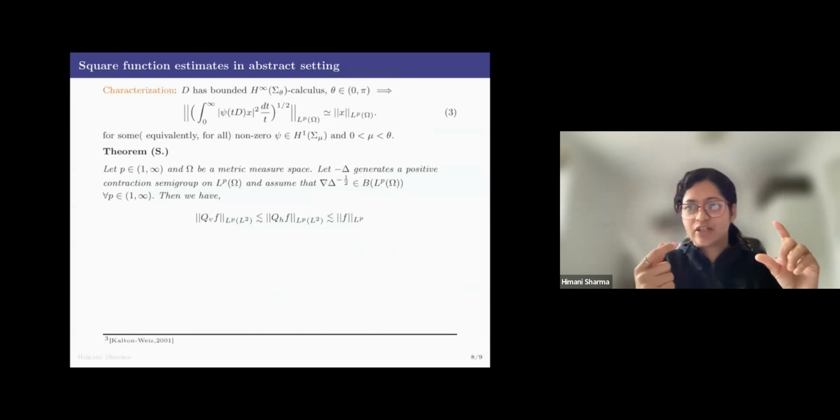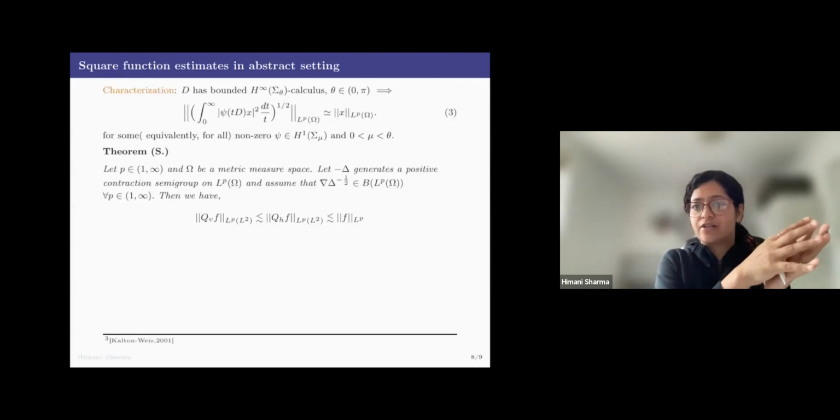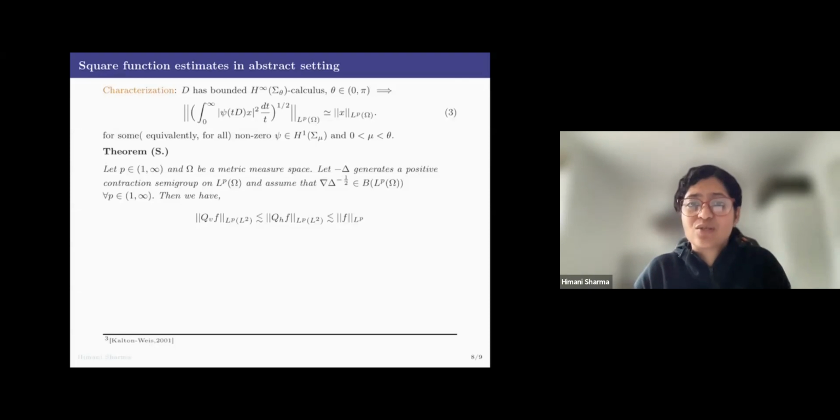Okay, so moving on to our result, what I proved during my thesis. I'm bringing back the characterization that we need, from the holomorphic functional calculus boundedness to the square function. The result that we gave here is for a general metric measure space, irrespective of whether it has the doubling or non-doubling property.